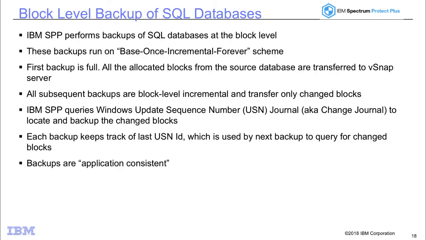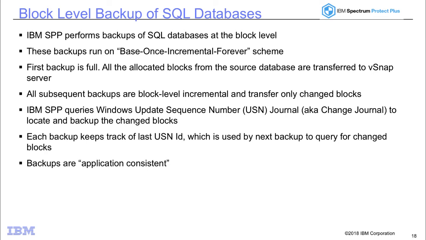So now the details of how SQL Server is backed up. Spectrum Protect Plus performs backups of SQL databases at the block level, and it's going to do an incremental forever backup of those SQL Server databases. The first backup is going to be a full, and all the allocated blocks from the source database are transferred to the VSnap repository.